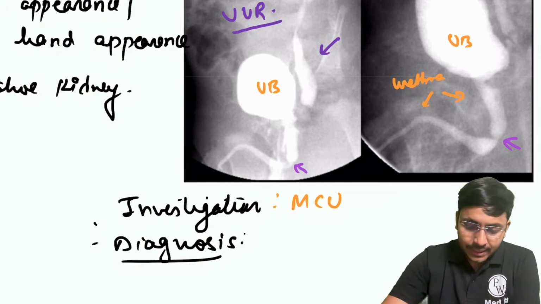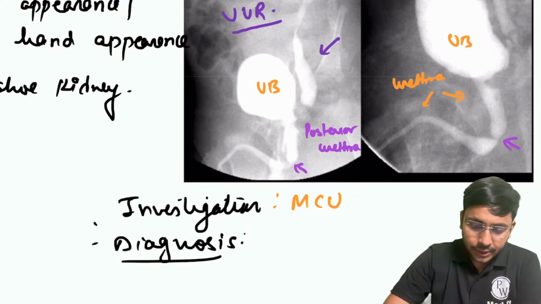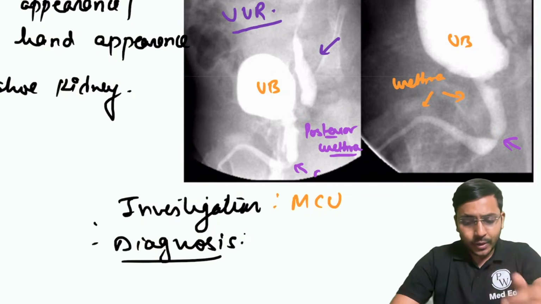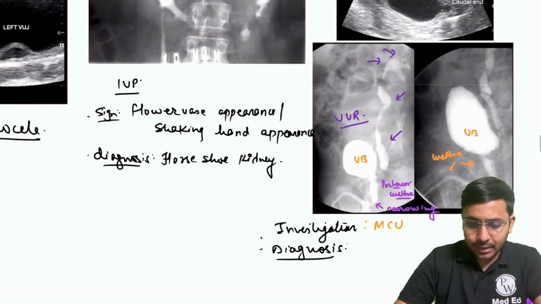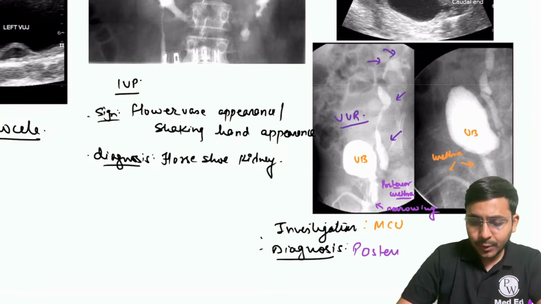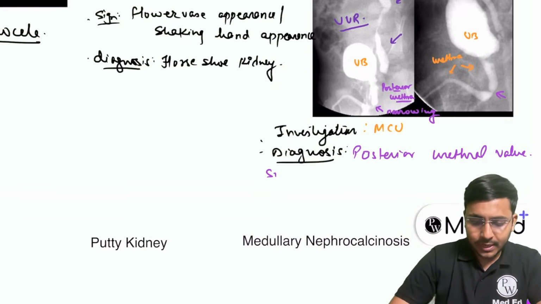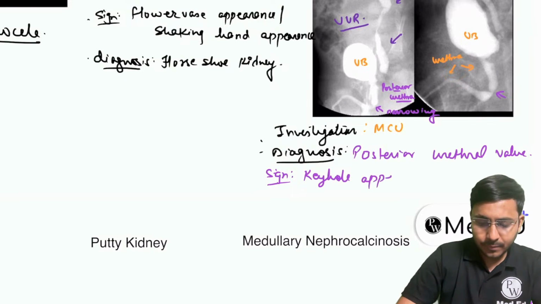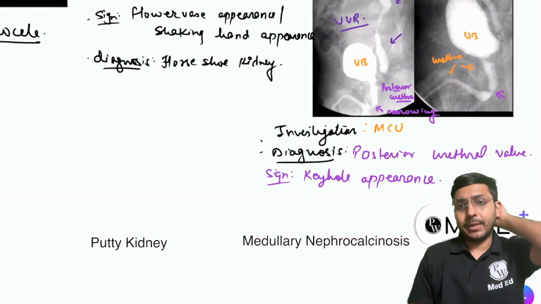The posterior urethra is dilated, and below the posterior urethra, there is this narrowing. So this is typical of posterior urethral valve. And this appearance is known as keyhole appearance.